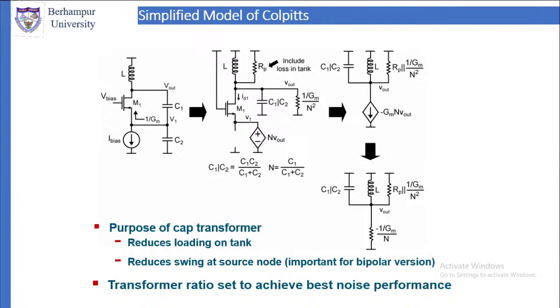If it reduces the swing at the source node, it stabilizes the circuit. So this is important particularly for bipolar transistors. If you are using BJTs instead of FETs, this is very important. The transformer ratio is set so that you get the best noise performance.